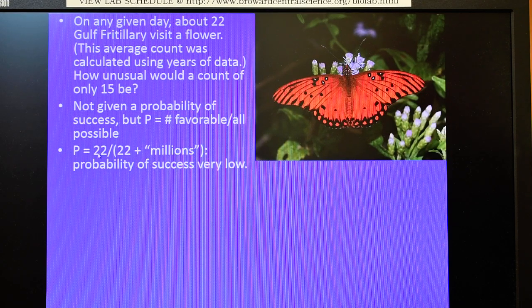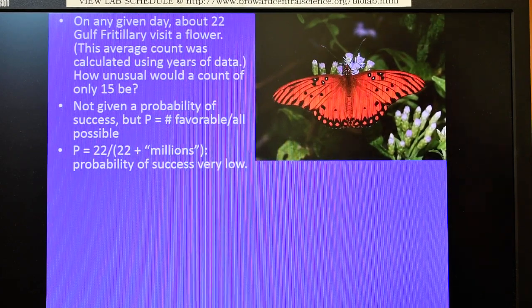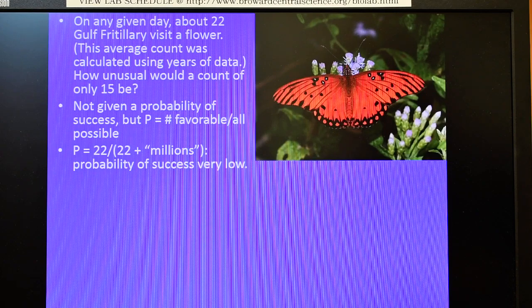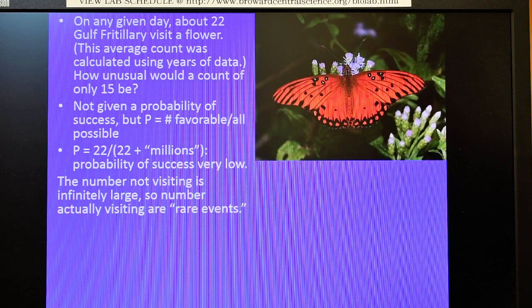Yes, 22 come to the flower on any given day, but there are millions of them out there that didn't come to the flower. So, yes, it has a fixed rate of success, but that fixed rate of success is extremely low. That's the difference. All right, so what do we do with this type of data?